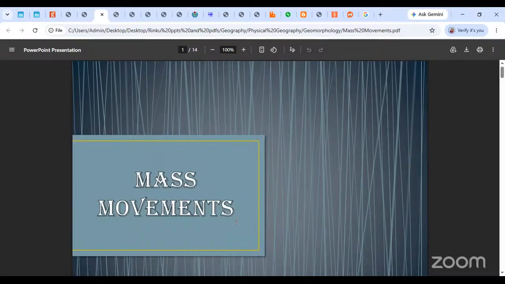Mass movements is just a continuation of weathering. Please understand that mass movements are different in a way that they do not happen in one place. What mass movements say is that all the weathered debris or accumulated debris, which are usually placed atop a slope, are going to come down. The most prerequisite factor that they come down through is going to be gravity.